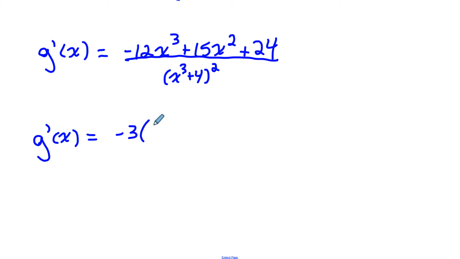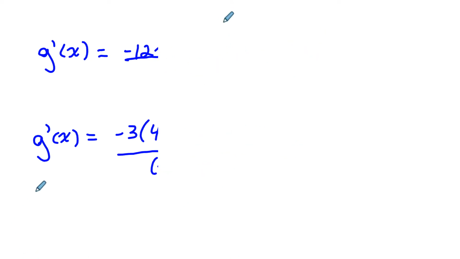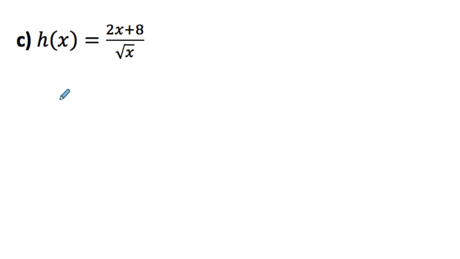And that would give me 4x cubed minus 5x squared minus 8 all over x cubed plus 4 squared. So I would take either of those two answers. Either are acceptable. Let's try a third one.